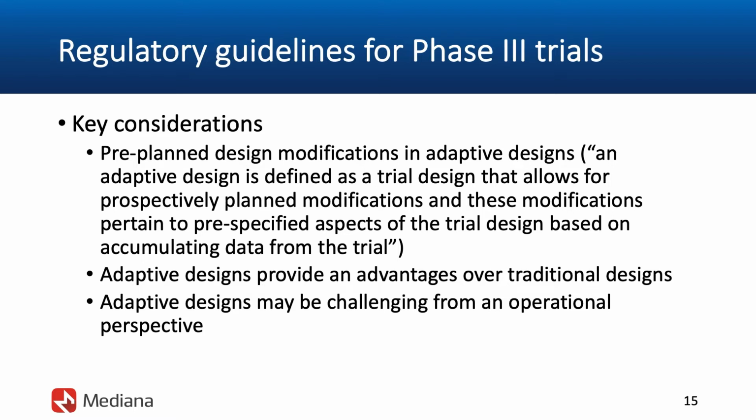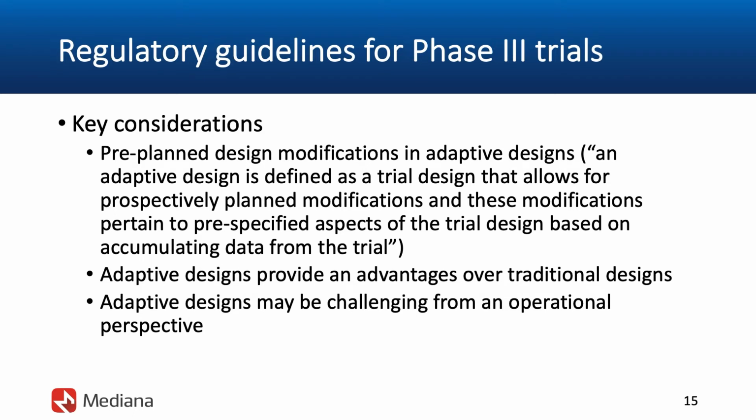And we'll keep saying that we design adaptive trials with pre-planned decision rules. For example, rules for enrolling additional patients or rules for identifying the most effective arms or dosing regimens at an interim analysis.